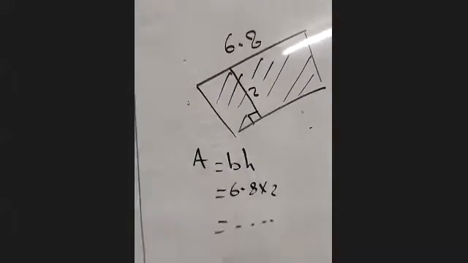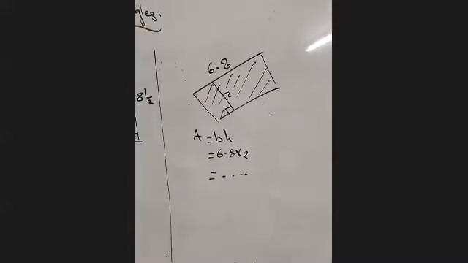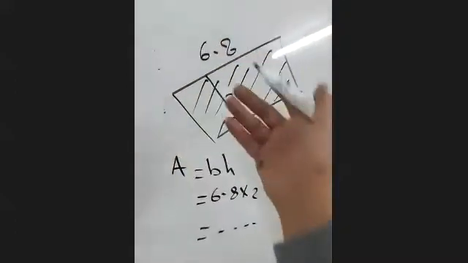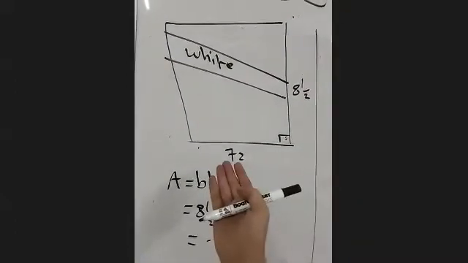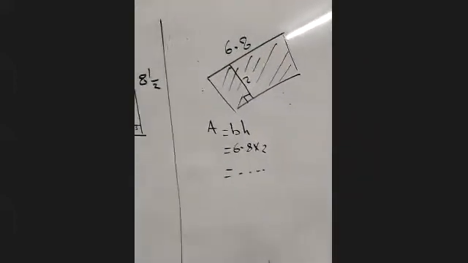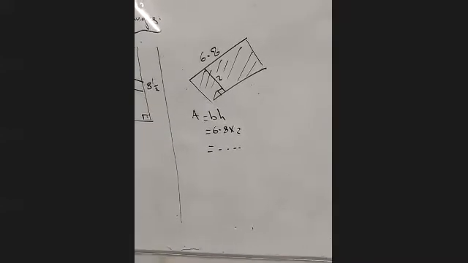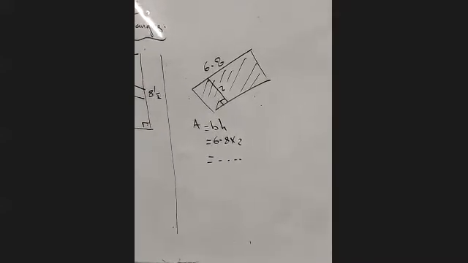Find the answer. They gave you the base, they gave you the height, they want the area. Here also, they gave you the base, they will give you the height, they want the area. That's all. So what's the problem? Just apply the formula.